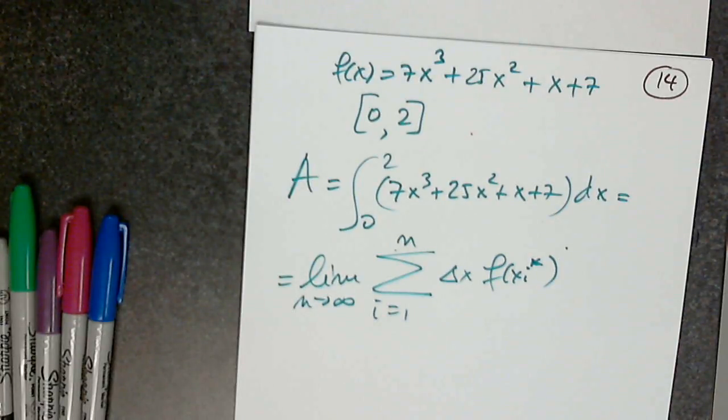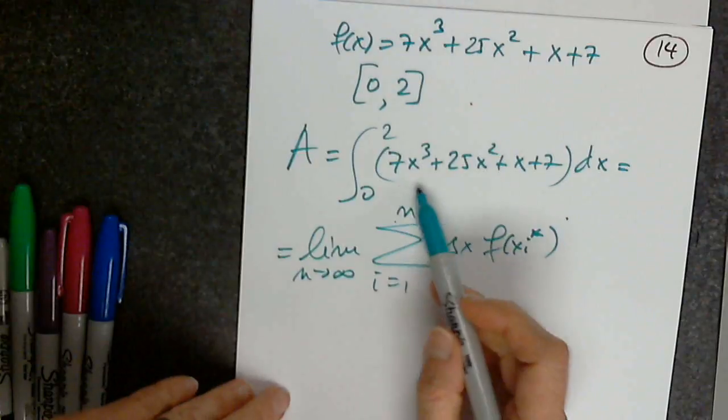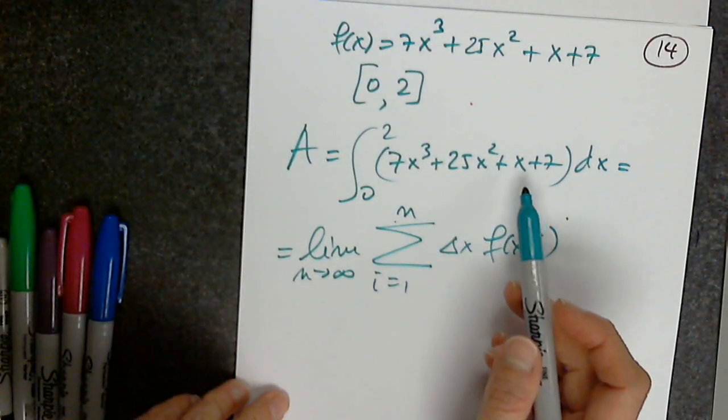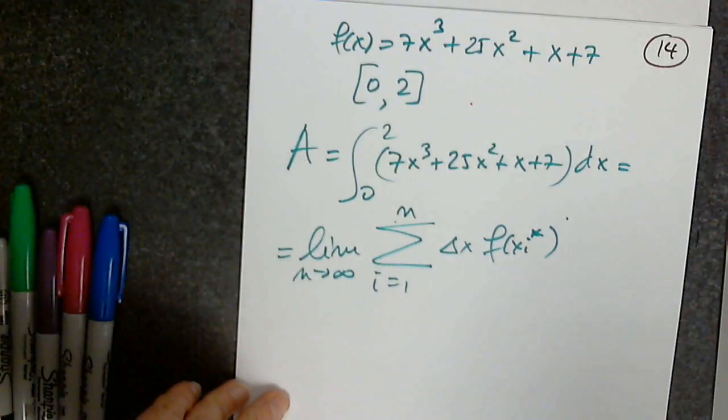So now I'd like to start the prep. What is the first prep in the limit of the Riemann sum? I could determine this first to see what to expect, or I could just say, okay, I'm going to check at the end.